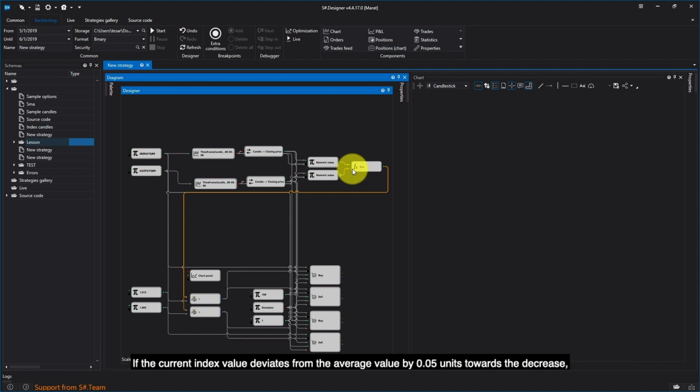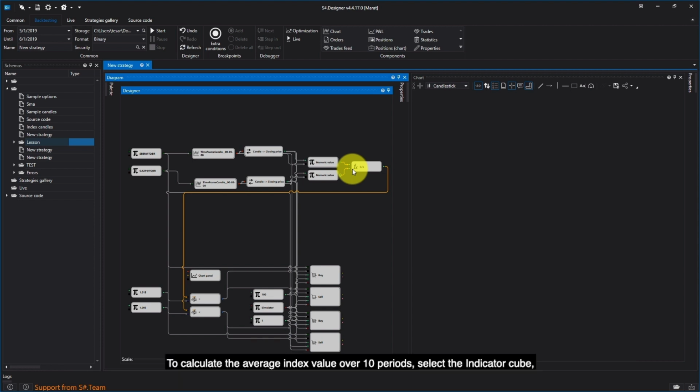If the current index value deviates from the average value by 0.05 units towards the decrease, then we sell Gazprom shares and buy Cyberbank shares, so Cyberbank is getting cheaper and Gazprom is growing. The strategy carries out pair trading, compensating for losses and making it possible to make money on instant jumps.